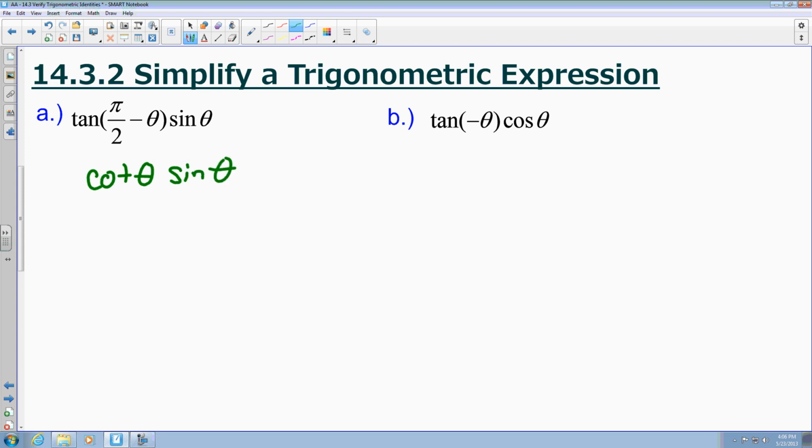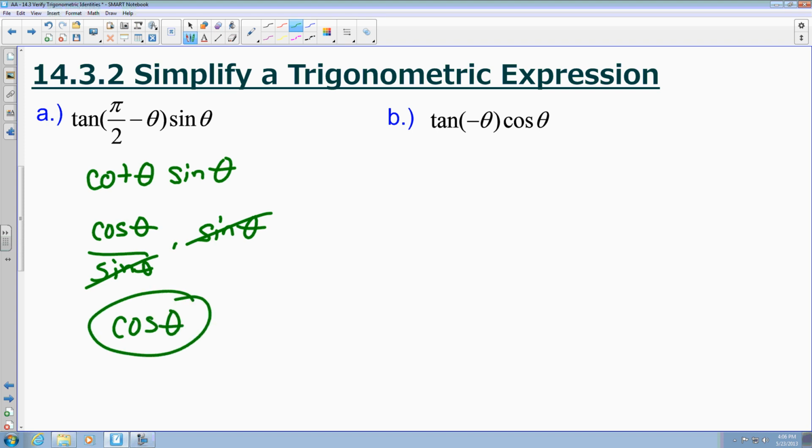So we still got two values, so let's see if I can do some cancellations. Cotangent, in our notes, can also be written as cosine of theta divided by sine of theta, and it's multiplied by the sine of theta. I have a sine of theta in the numerator and the denominator, so these can be canceled. So the simplified expression for this is just the cosine of theta.